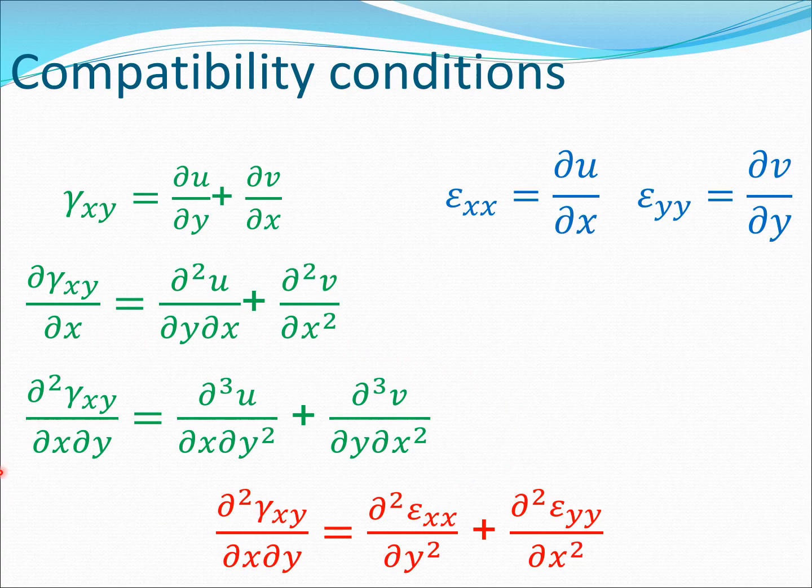Now here I can see that du by dx is going to be epsilon xx and dv by dy is going to be epsilon yy. So if I make the substitution in this equation here, the left hand side remains the same.